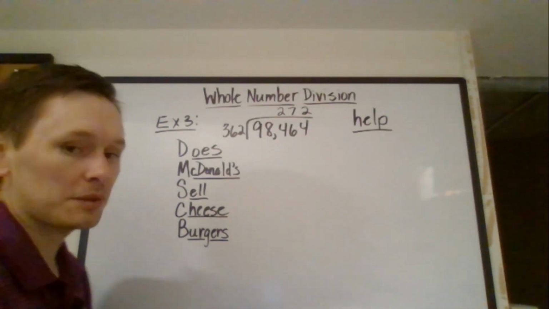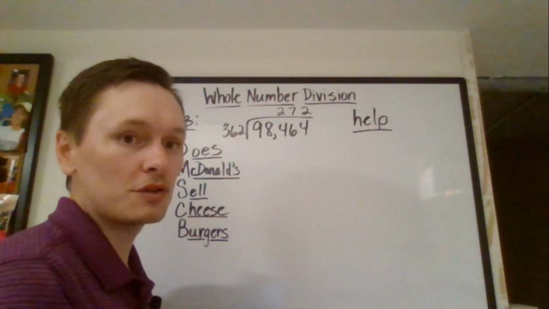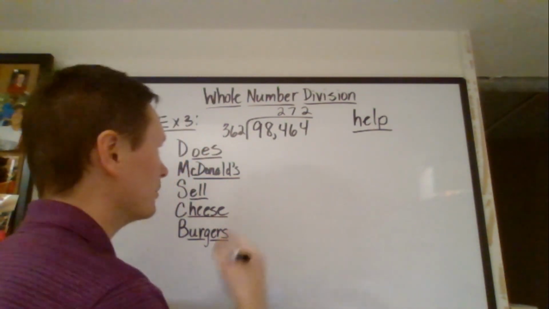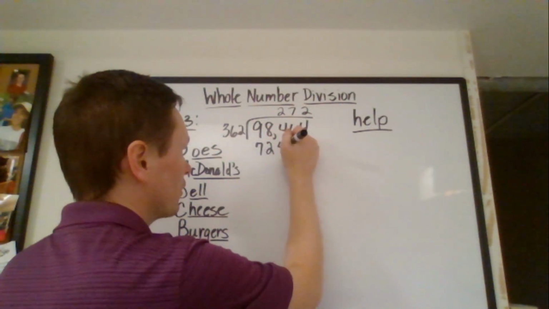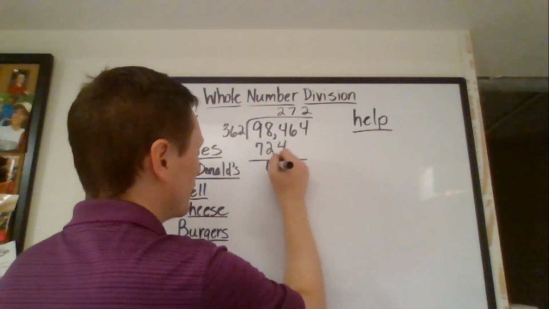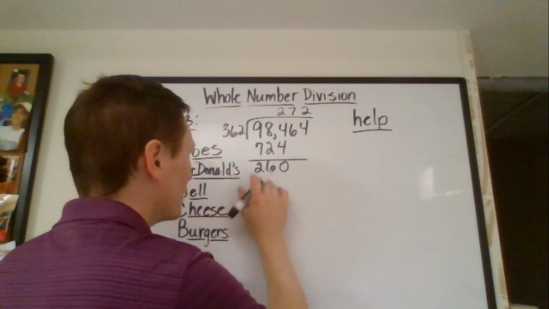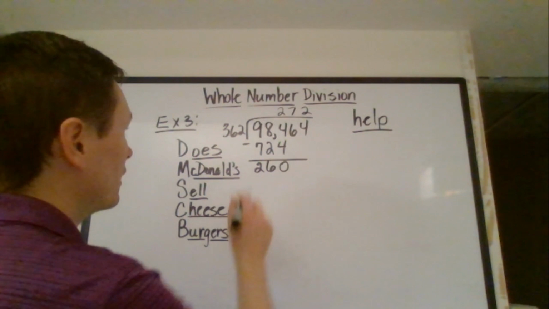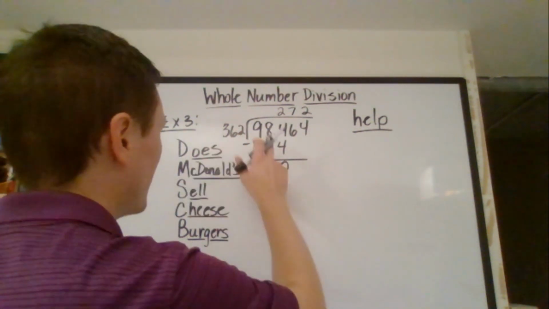All right, so let's look at the problem. So far I said that 362 goes into 984 two times, and that would give me 724. So I subtract, I have 0, 6, 260. 260 is less than 362. So the division part is how many times does 362 fit into the number you're trying to divide into?